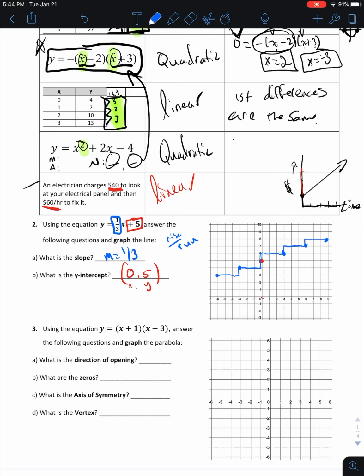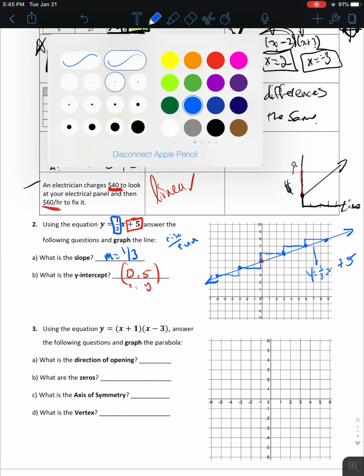And I can continue this pattern forever, but I can indicate forever by putting arrowheads on the ends of my graph. That indicates going forever. So there's your line graphed, and it takes on the equation y equals 1/3 x plus 5. Okay, and that's your line.